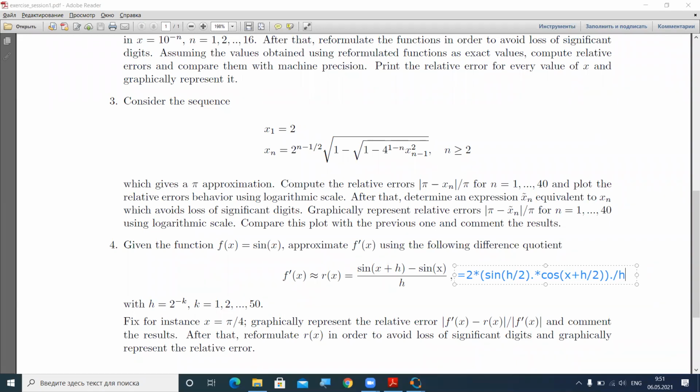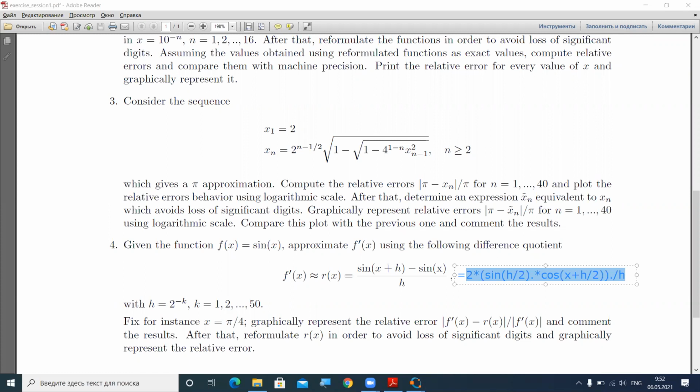Is it clear? I'm sorry, Professor, how did you get this result? We used sine alpha minus sine beta, the difference to product formula. There is a formula for this. We just changed our numerator using this formula. Okay, yes, now I understand. Yeah, this difference to product, or sum to product, you can say.